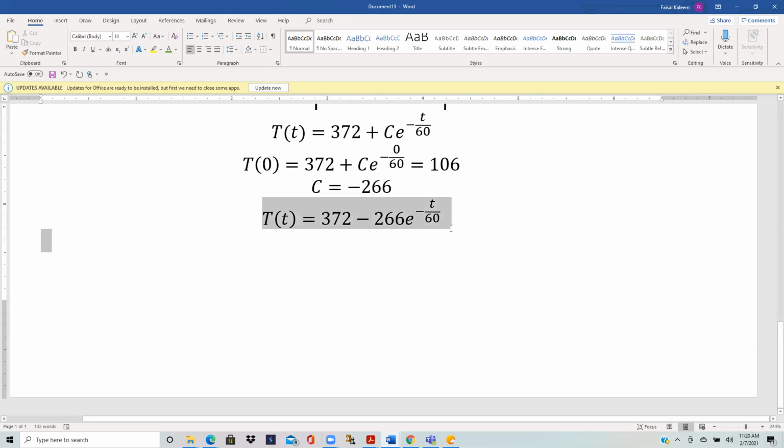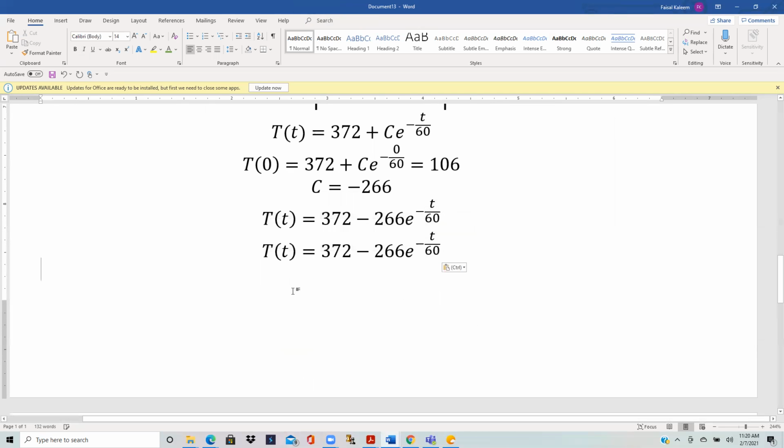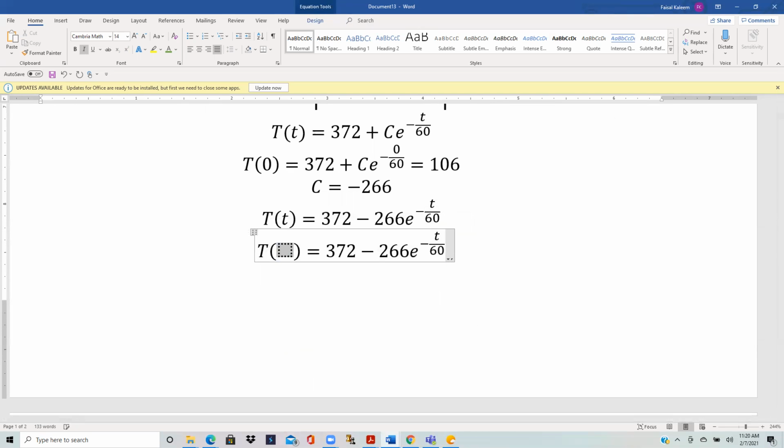Let's copy this. Substitute 11 for the little t. Let's calculate this. 372 minus 266 e to the negative 11 by 60.